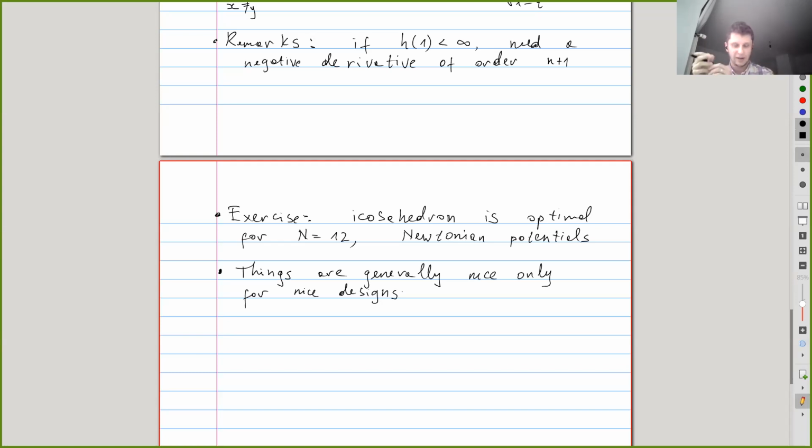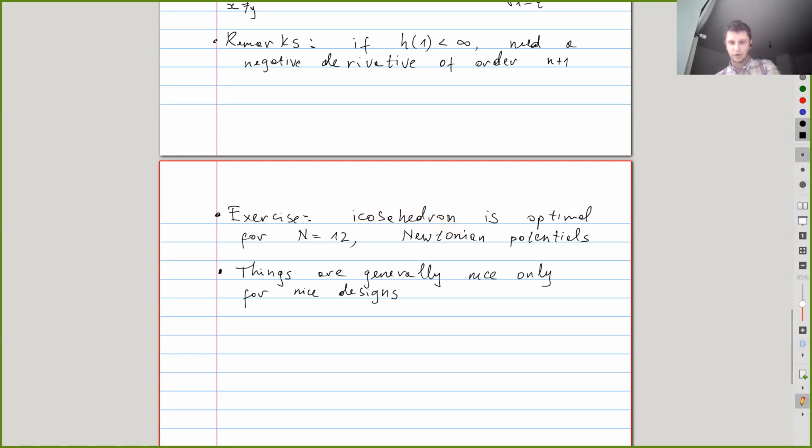But that's the bad part, because you can say, but what about everything else? How do I prove optimality of anything else? Well, the answer is generally you don't, right? But the good part, though, is whenever you optimize anything reasonable, it's almost bound to find something like an icosahedron, right?